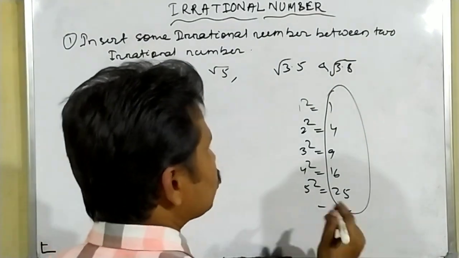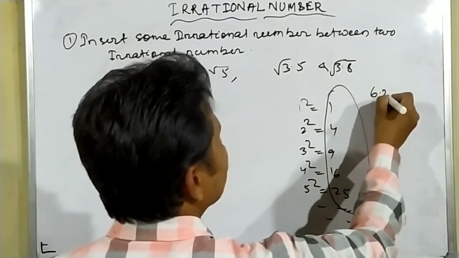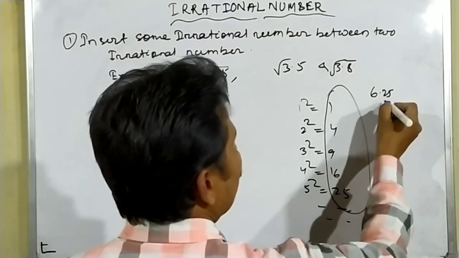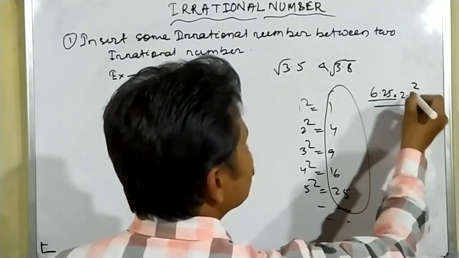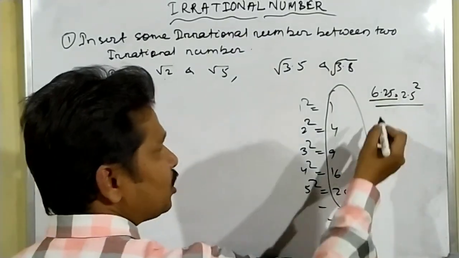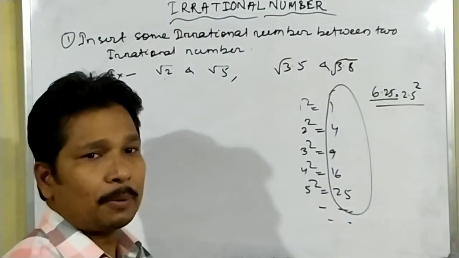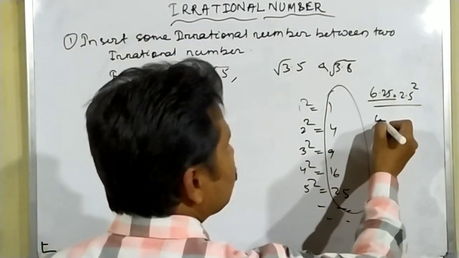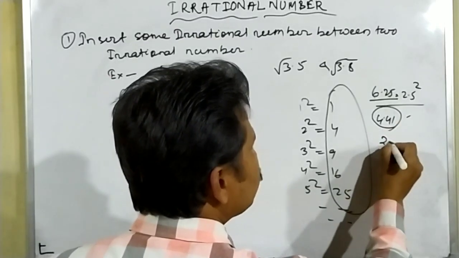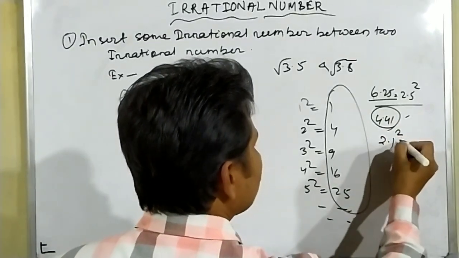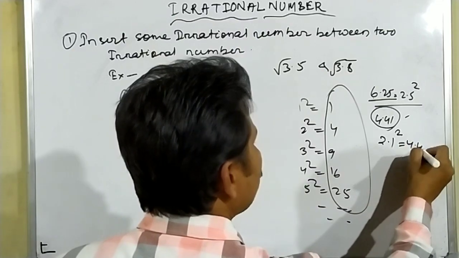Similarly, in decimals also, 6.25 is a square of, whose square is 6.25? 2.5 square equals 6.25. That means 6.25 is also a perfect square. Similarly, 4.41 is also a perfect square because it is the square of 2.1. 2.1 square is equal to 4.41.